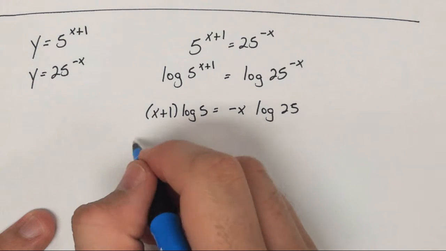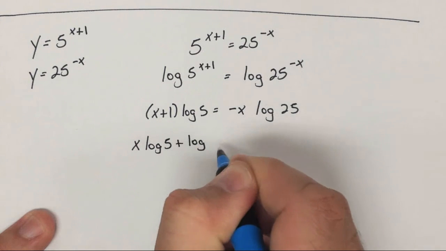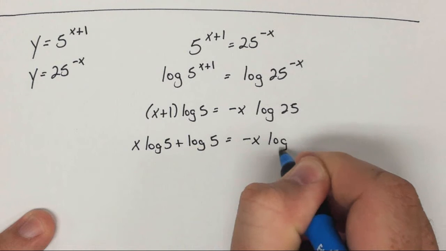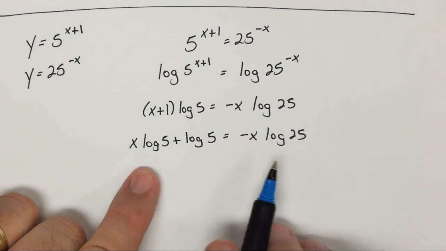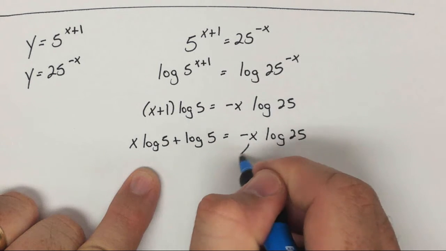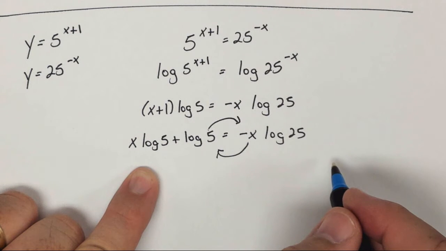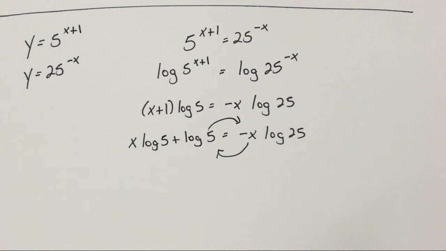Distribute: x log 5 plus log 5 equals negative x log 25. To get x by itself, and this is where I'm going to stop with this, we're going to move this over to the left, and this to the right. You would factor out an x and divide by what it's being multiplied by. And then that would be done.